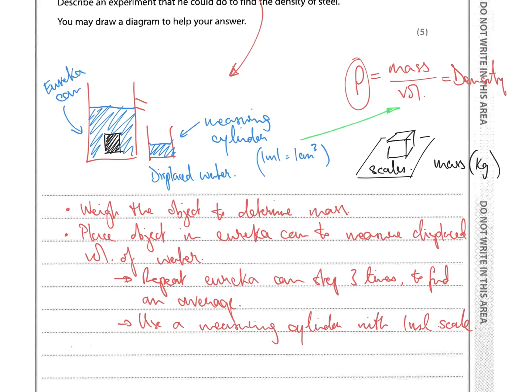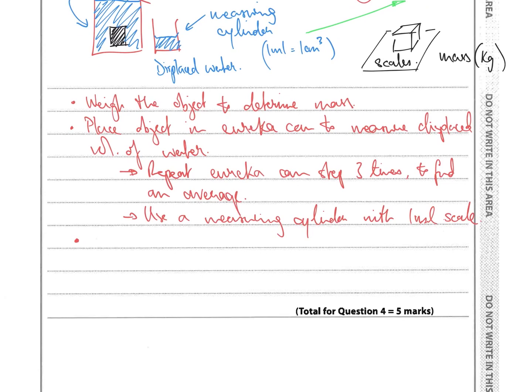Then once we've found the values, we then use the values for mass and volume in the equation, and I'll probably look that you've stated it, that density equals mass divided by volume.